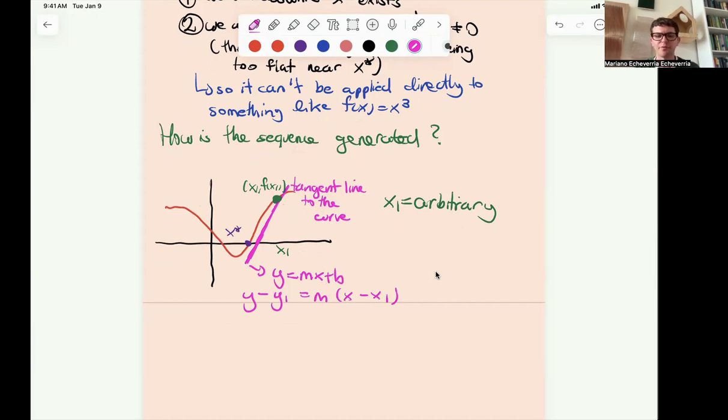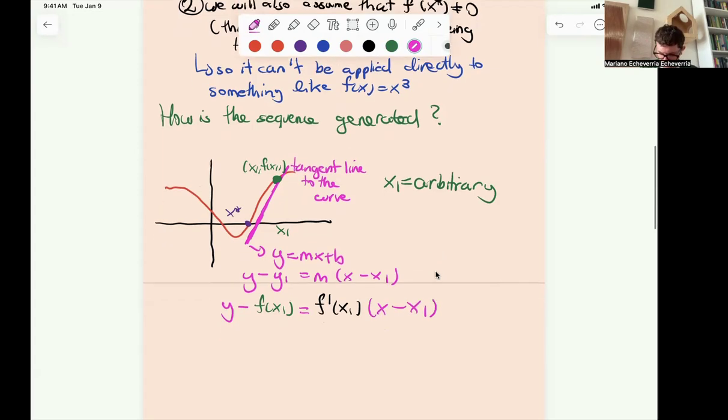The second one is more convenient because we have one of these points explicitly. That gives y minus f of x1 equals m times x minus x1. What is m? It's the slope of the tangent line, which is the derivative at that point, so f prime of x1. So the equation of the tangent line is y minus f of x1 equals f prime of x1 times x minus x1.